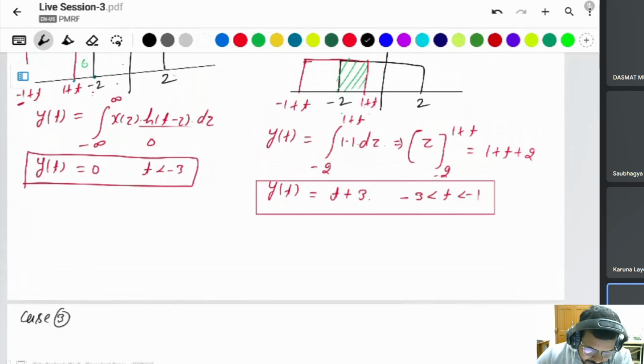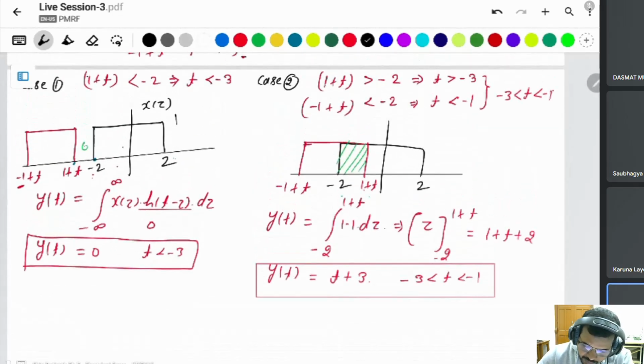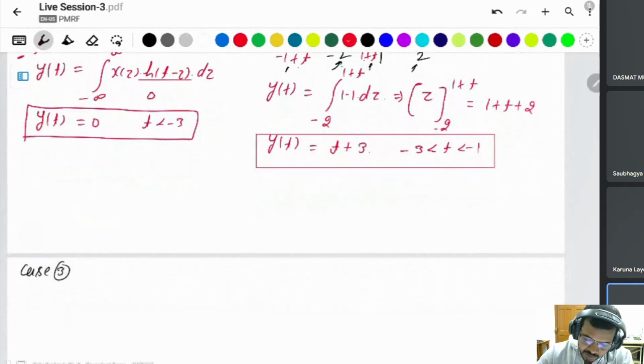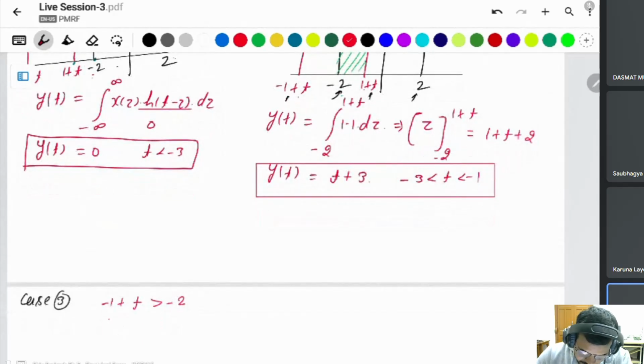In case 3, the lower limit is also greater than minus 2, but the upper limit is not more than 2. This is written as minus 1 plus t is greater than minus 2 and 1 plus t is less than 2.